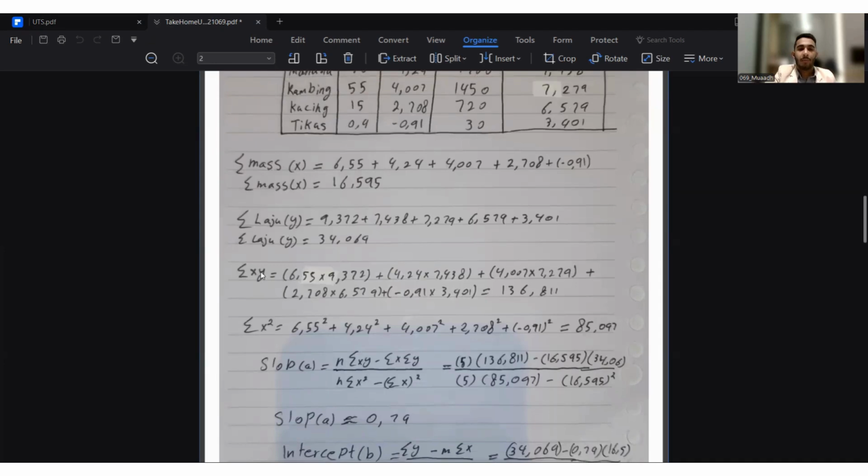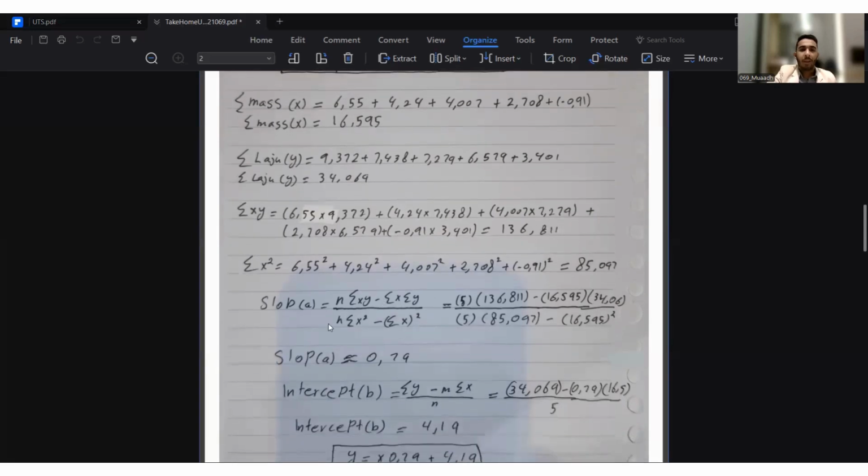Also, we have to take the total of multiplying x and y of each row, which gives 136.8111, and the total of x squared is 85.097.